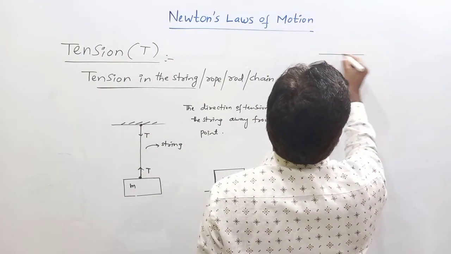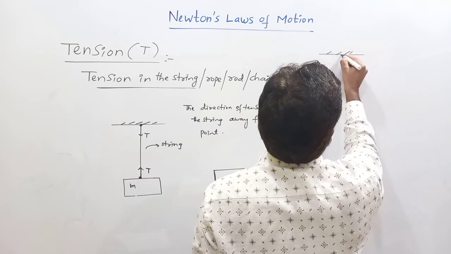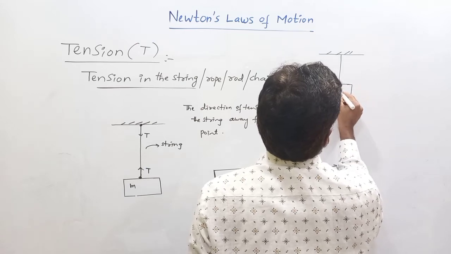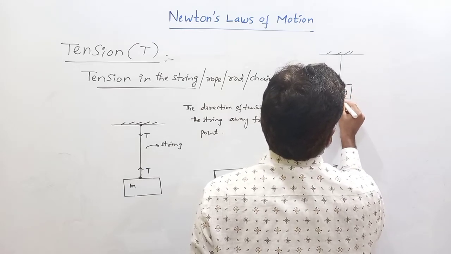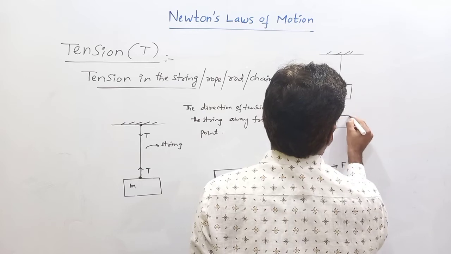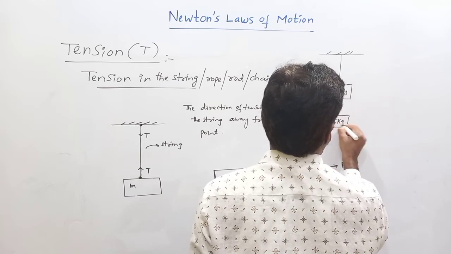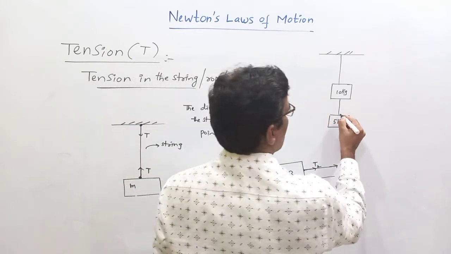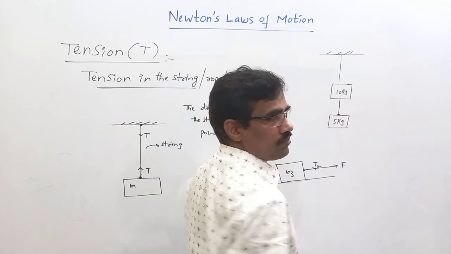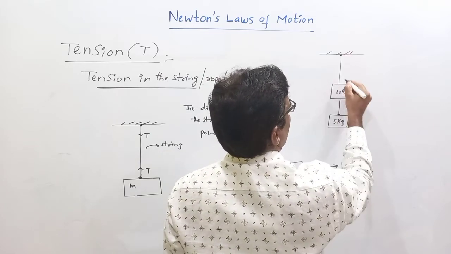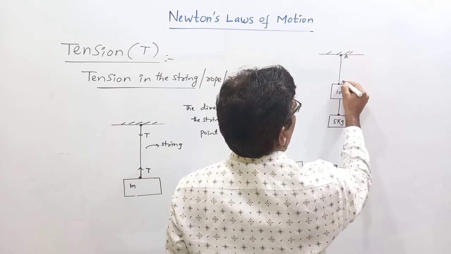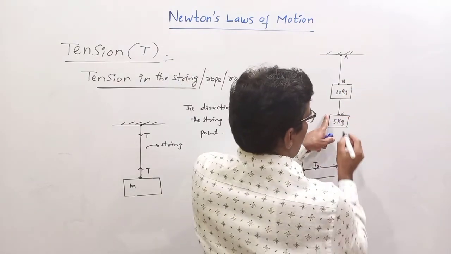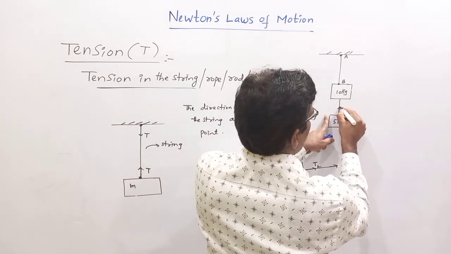Next, let us consider this one block, a block of 10 kg, and another block of mass 5 kg. I want the direction of tension at this point, this point and this point: point A, point B, point C. Direction of tension is away from it, this side.